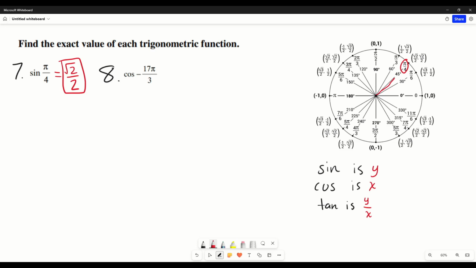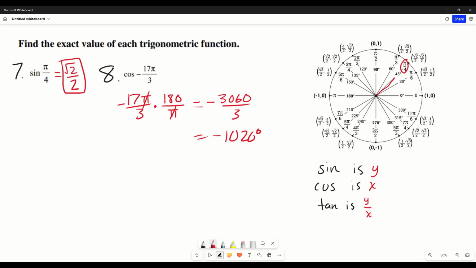So let's do that. Negative 17 pi over 3 times 180 over pi. The pi's cancel out. Now we're left with negative 17 times 180, which is negative 3060 over 3, and dividing that by 3, we get negative 1020 degrees.